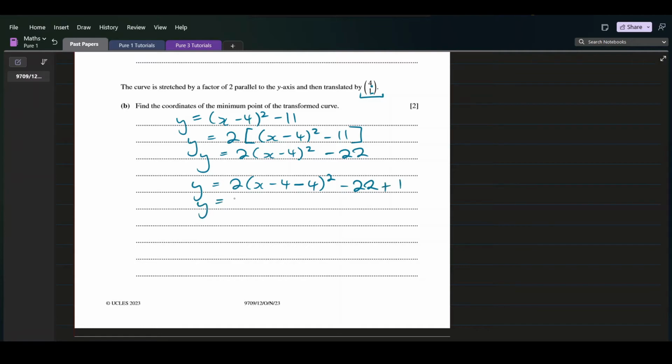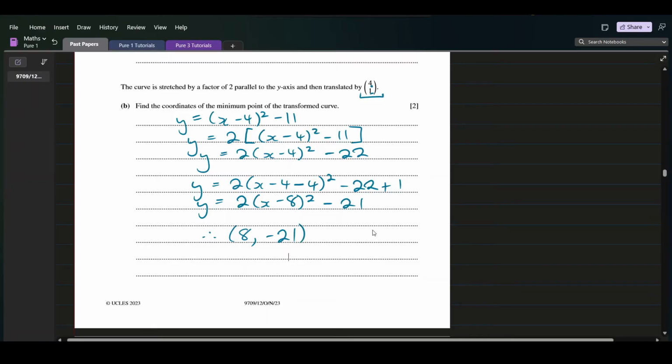If we simplify, y is equal to 2 times x minus 8 squared minus 21. Now if you read the coordinates of the minimum point, the coordinates would be 8 and negative 21, and that would be our final answer.